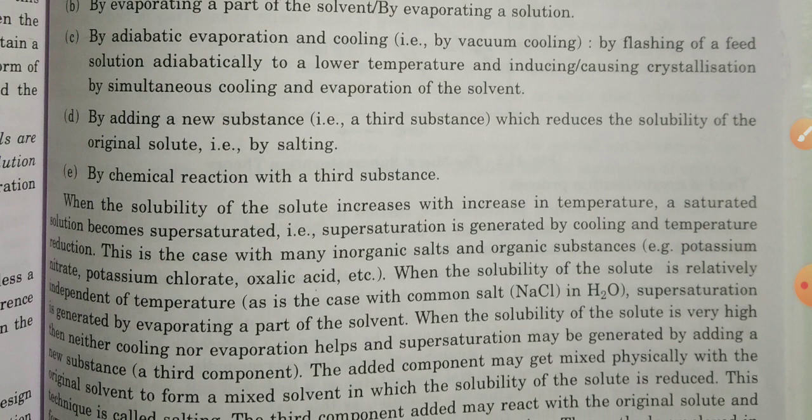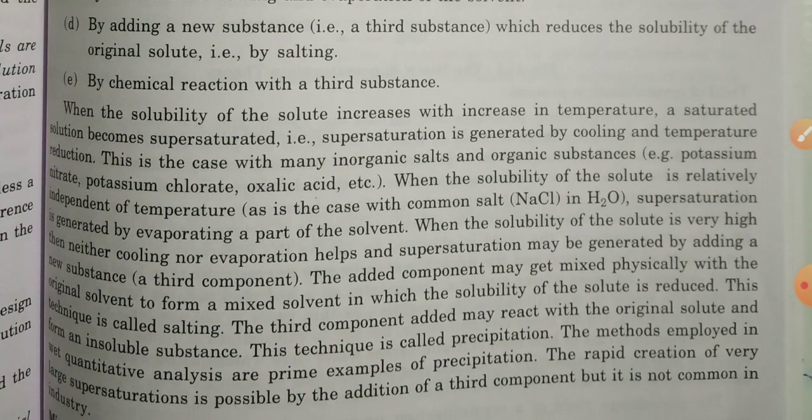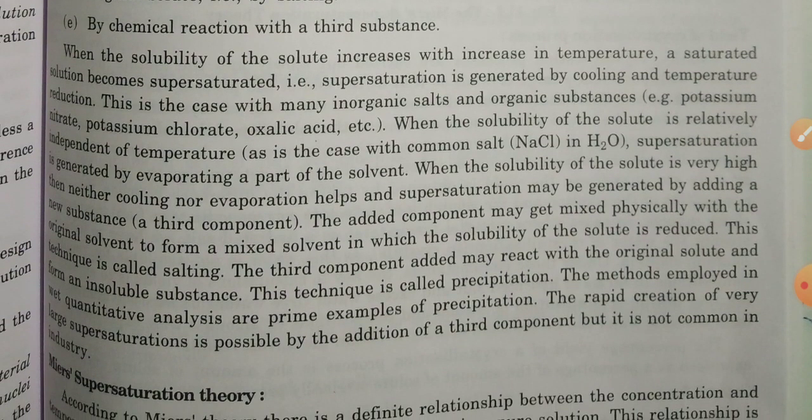by adding a new substance, a third substance, which reduces the solubility of the original solute, for example by salting, by chemical reactions with a third substance. When the solubility of the solute increases with temperature, supersaturation is generated by cooling and temperature reduction.